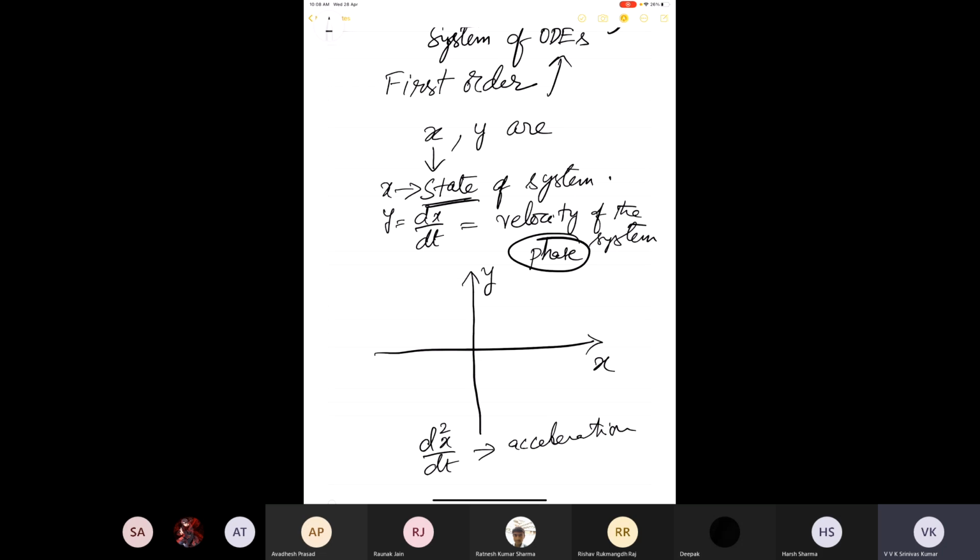This is the acceleration. So instead of studying this, we are now studying the xy plane.